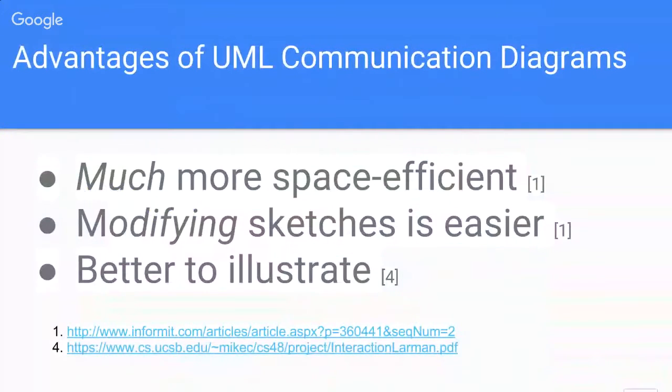Also, with UML communication diagrams, there are pluses and minuses. Some positives are, when applying UML as a sketch, they're much more space efficient because they can be put anywhere on the page, horizontally, vertically, however you want.